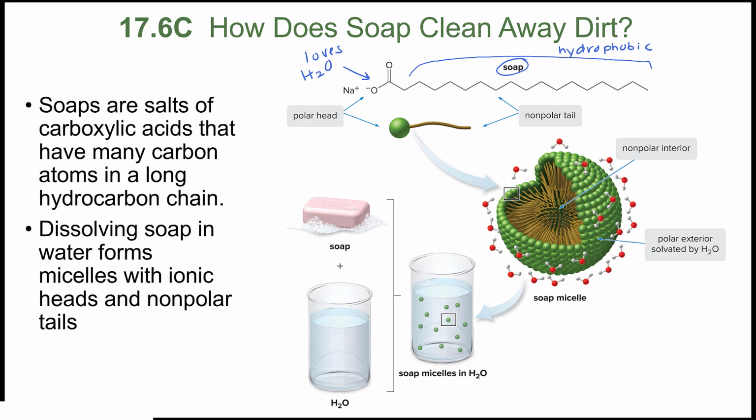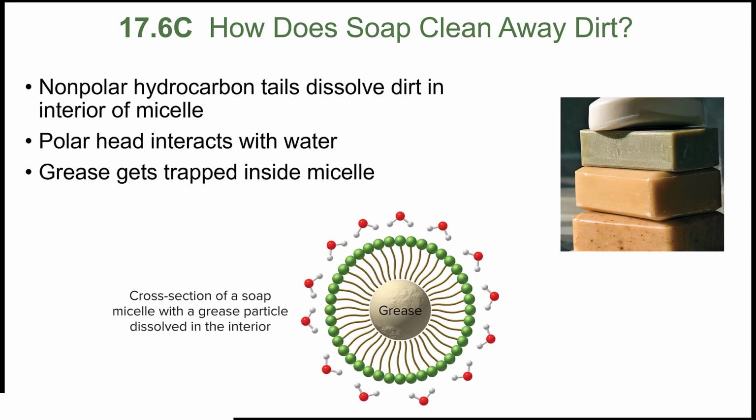They form these micelles where it's all polar on the outside, so water surrounds it, and then there are the greasy nonpolar tails inside. With the nonpolar hydrocarbon tails on the inside and the polar parts on the outside, the water can surround all of the grease, and then the grease gets trapped inside the micelle and can get rinsed away. So the soap allows the water to clean up the grease.